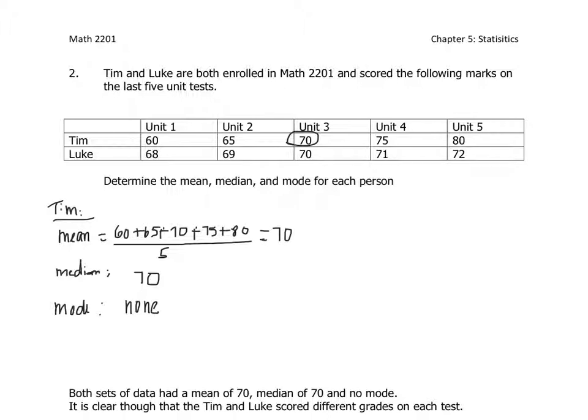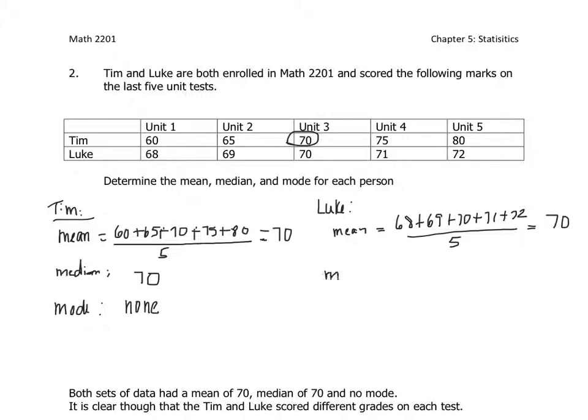And then if we look at Luke, his mean for his test scores was 68 plus 69 plus 70 plus 71 plus 72. If you add all those up and divide by 5, you will also get 70.